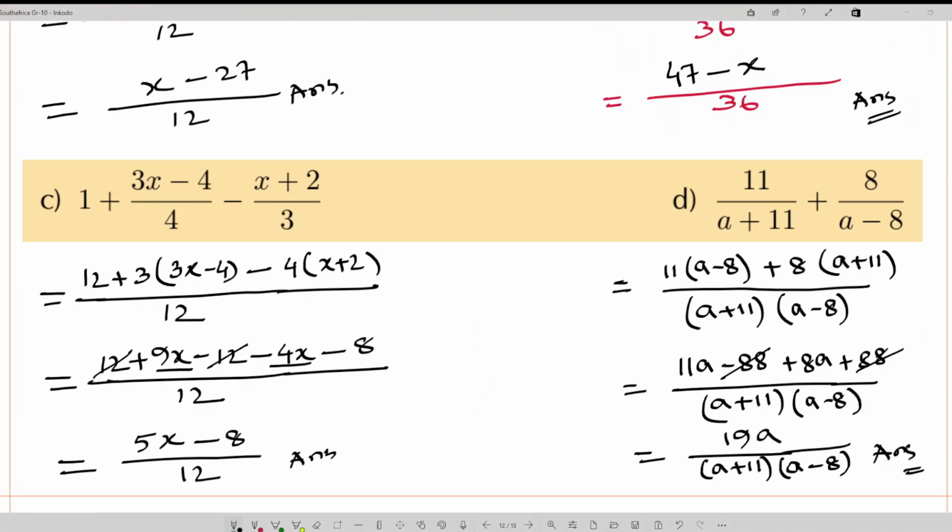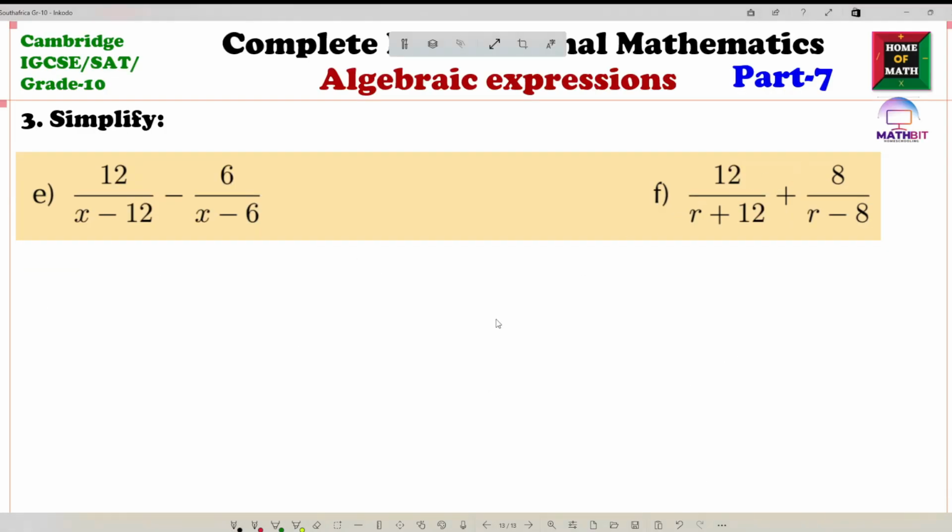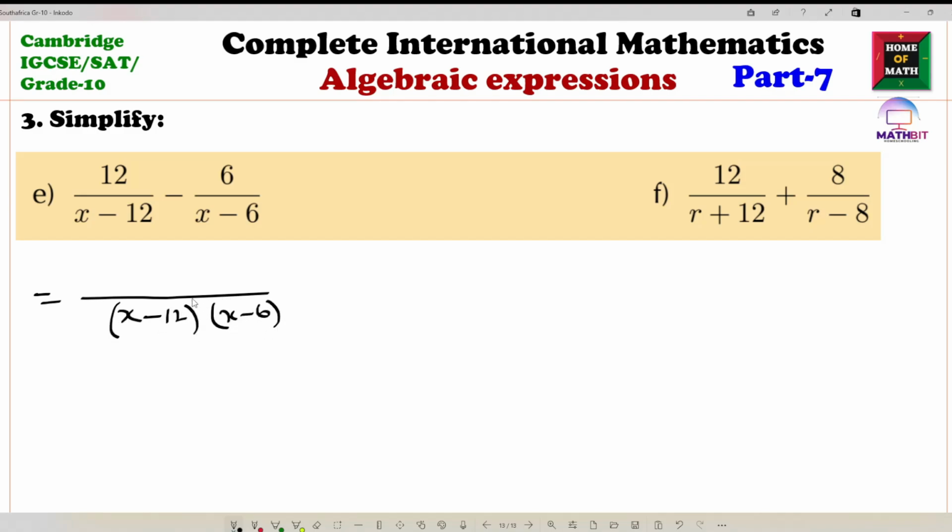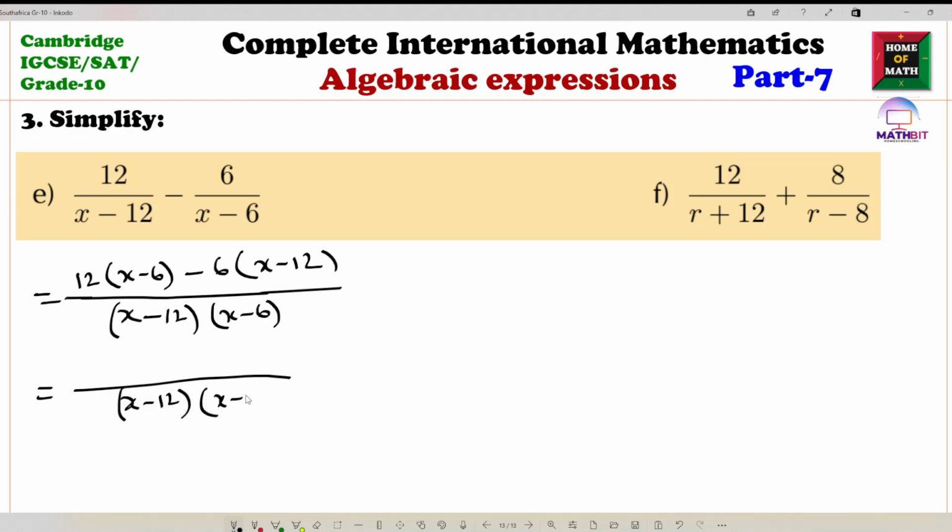Next one, number E. 12 over (x minus 12) minus 6 over (x minus 6). So here LCM is (x minus 12) times (x minus 6). So here we can write 12 times (x minus 6) minus 6 times (x minus 12), right? Then (x minus 12) and (x minus 6).